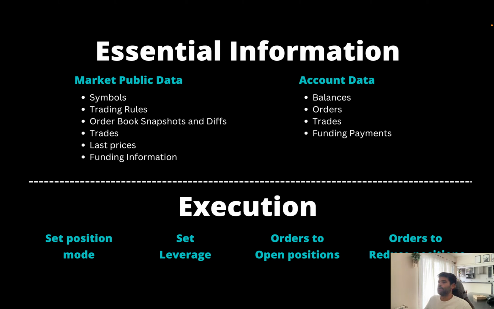So for example, if you want to know the next funding info, there are some endpoints in the market that will say, okay, the next funding will be paid in, I don't know, 3 hours, and the predicted rate is, I don't know, 0.02%.